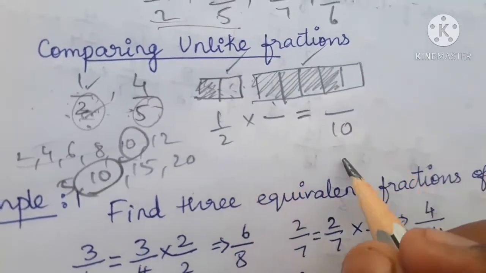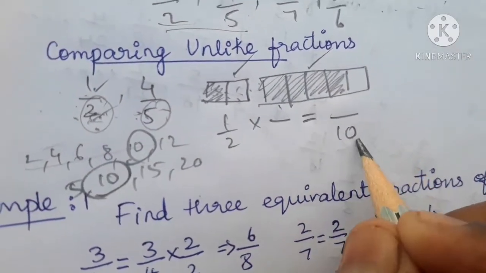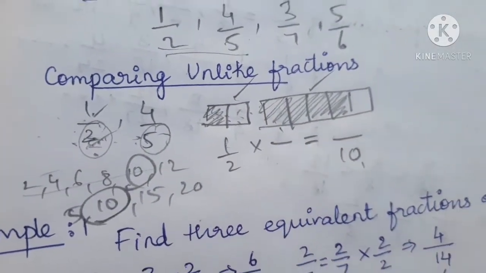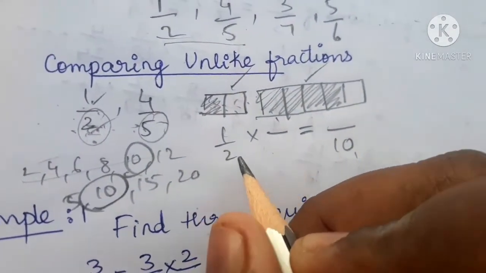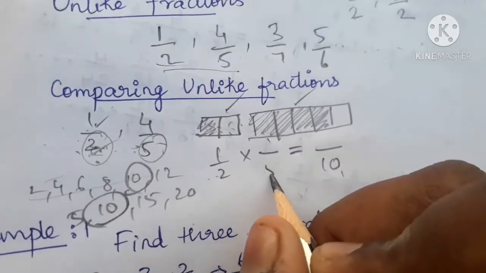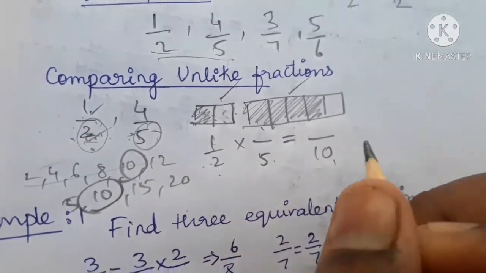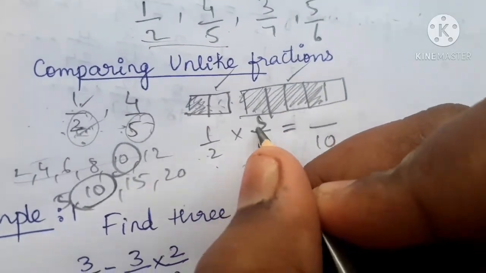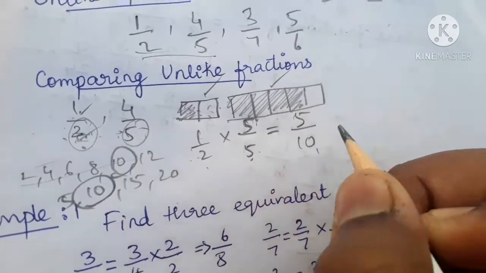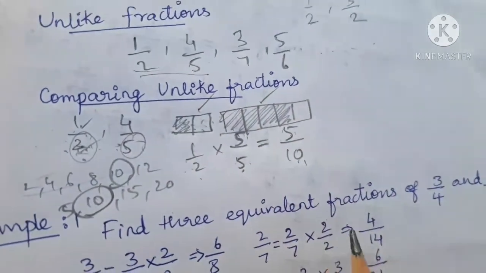So you are only confirmed about this 10. We don't know about this number and this number. We should just see with what number we multiply 2 to get 10. With 5 only, if we multiply, we'll get 10. So you should multiply the numerator and denominator by 5. So 1 into 5 is 5. You have got 5 by 10.